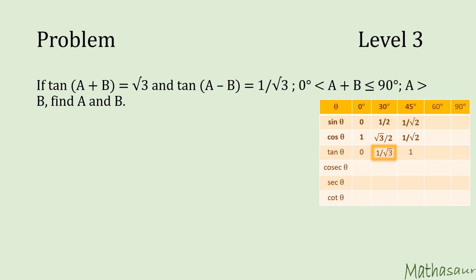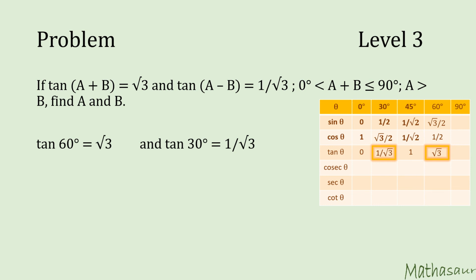We see that 1 by root 3 appears for tan 30 degrees. And we see that square root of 3 appears for tan 60 degrees. Now these are the two required values. Tan 60 is equal to root 3 and tan 30 is equal to 1 by root 3. But we are given that tan of A plus B equals root 3 and tan of A minus B equals 1 by root 3.